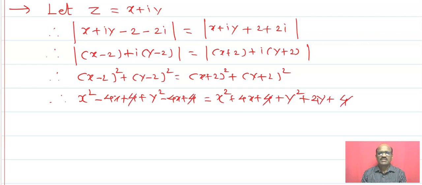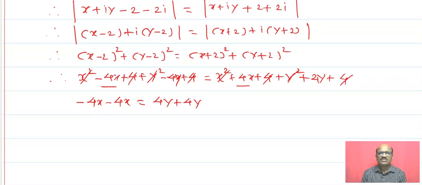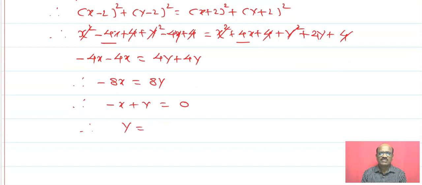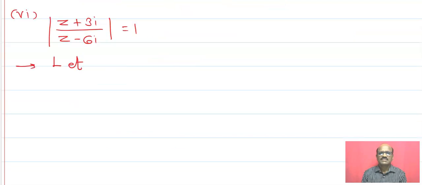The x square and y square on both sides get cancelled, and the plus 4 also gets cancelled on both sides, that is minus 4x minus 4x equals 4y plus 4y, that is minus 8x is equal to 8y, that is y is equal to minus x.